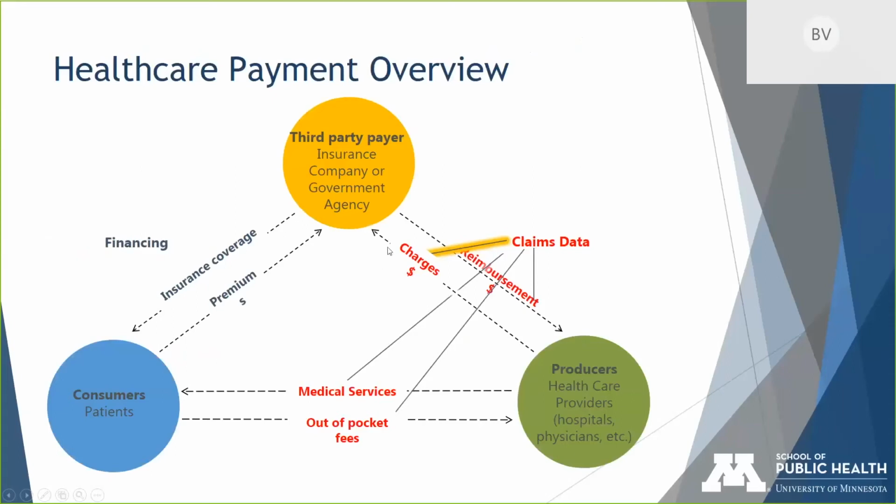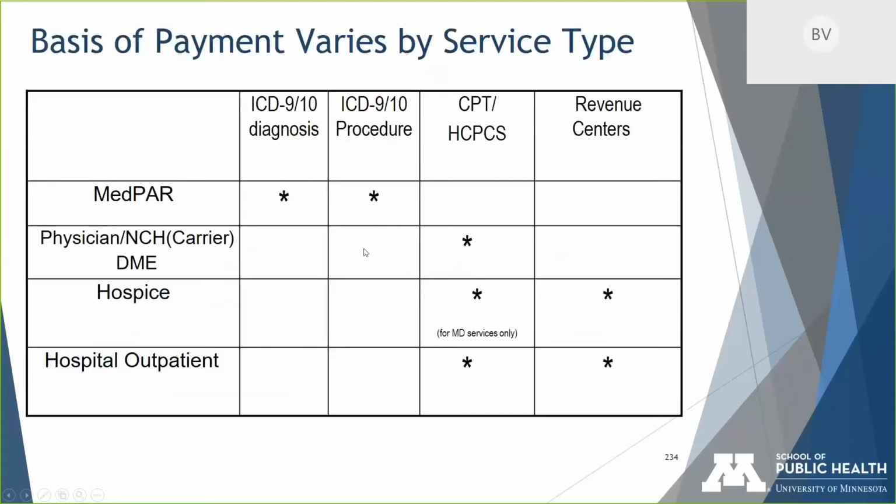So moving on, I also want to note that although what we see about the medical services is ICD-9 and 10 procedure codes in the MedPAR file, most hospitals are prospectively paid, which means that the ICD-9 and 10 procedure and diagnosis codes are combined together into one DRG.